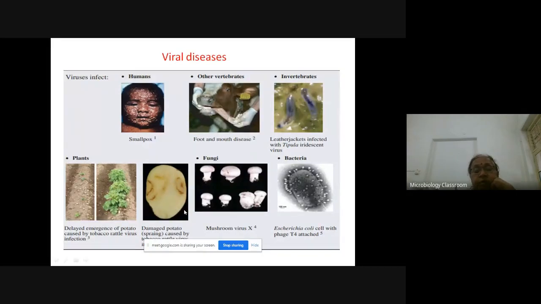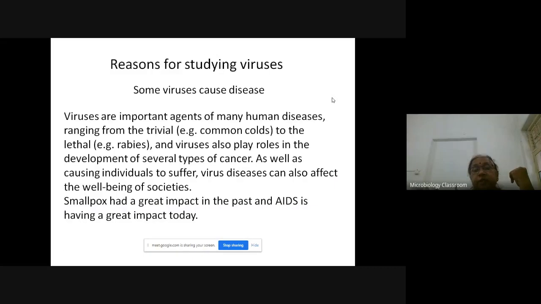So this is about viral infection in plants. Next is the fungi. Mushroom viruses are also found, and in case of bacteria, this is an Escherichia coli cell attached with the T4 bacteriophage. So here we were seeing the harmful aspect of the viruses, that is, disease causing viruses.